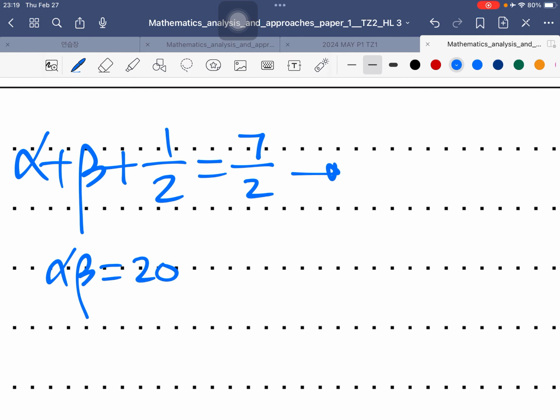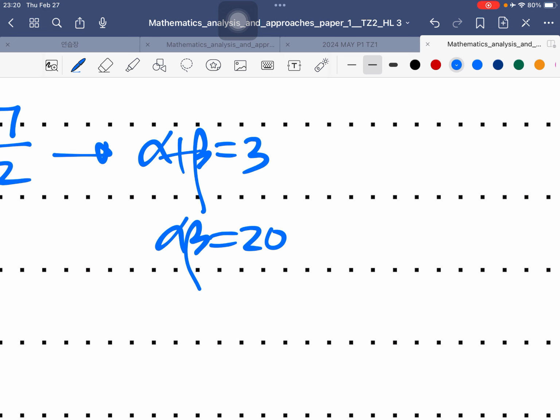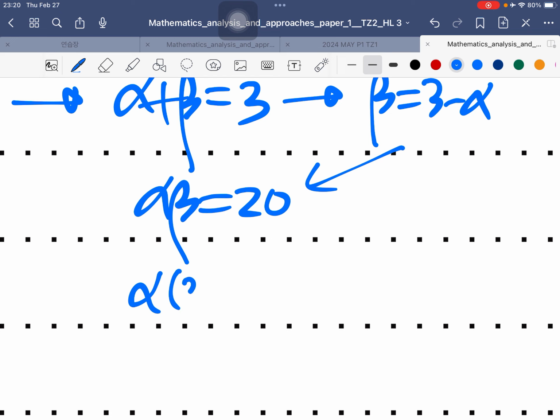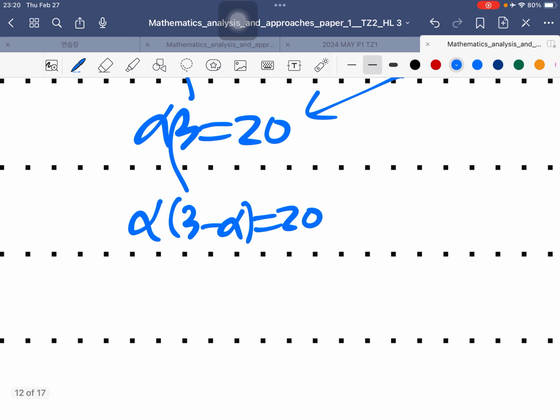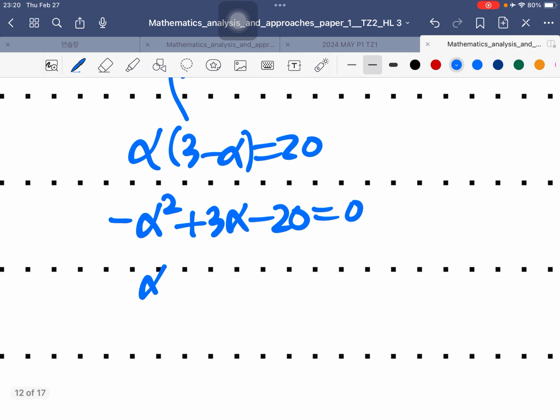So we put beta equals 3 minus alpha over here. Alpha times 3 minus alpha is 20. So minus alpha squared plus 3 alpha, minus 20 equals 0. So alpha squared minus 3 alpha plus 20 equals 0.